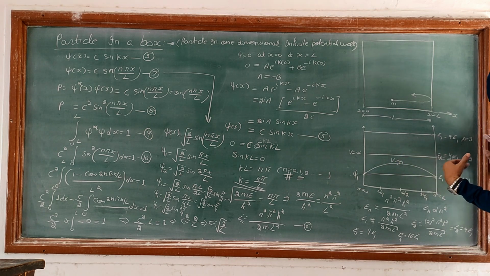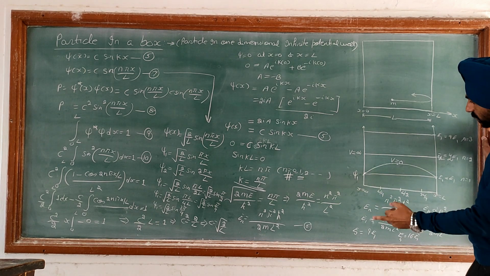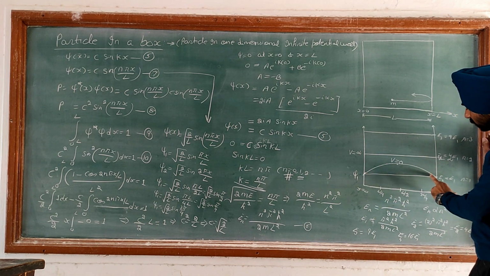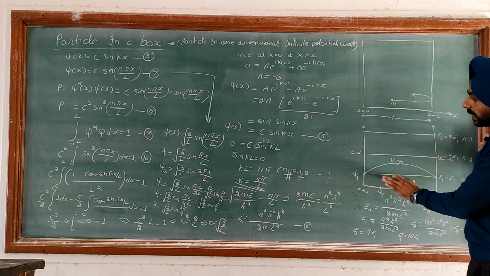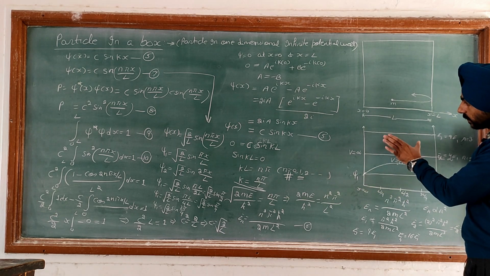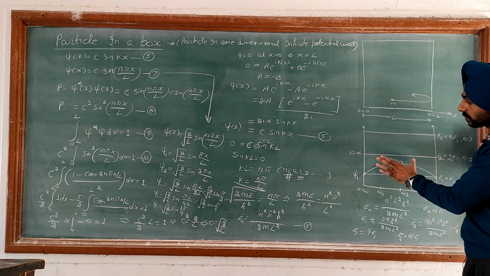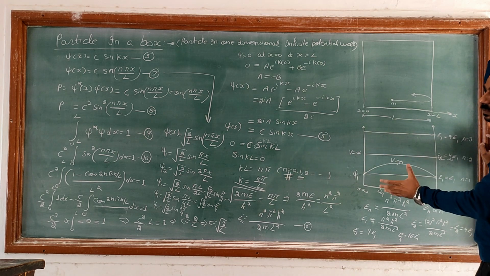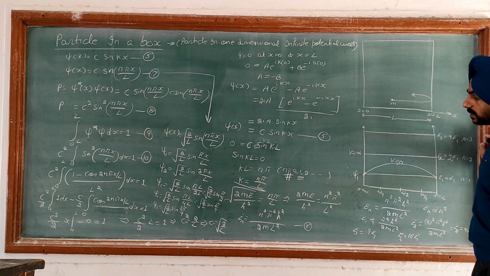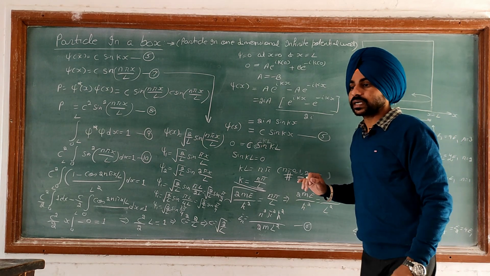Now when we find the wave function of the particle, this is the wave function corresponding to n equal to 1, for which the energy is E1. So the wave function is psi 1, and you can find psi 2 and psi 3, and I request you to try to find psi 2 and psi 3, and if you have any problem, discuss with me. And this is all about the particle in a box.